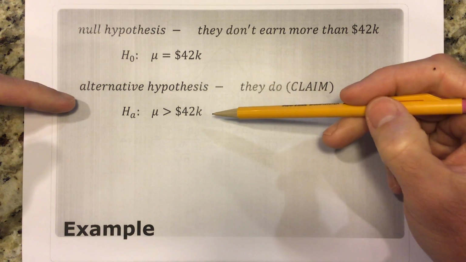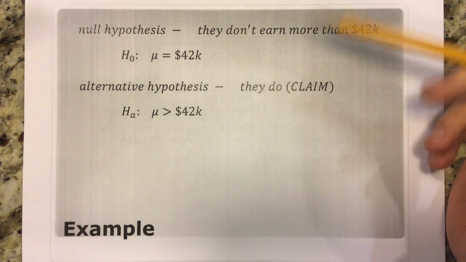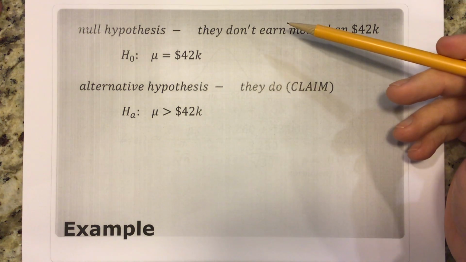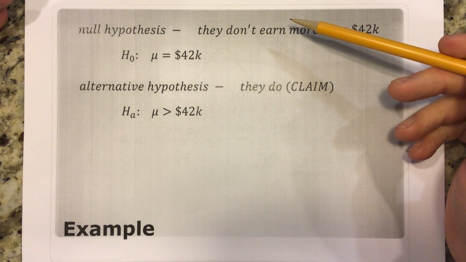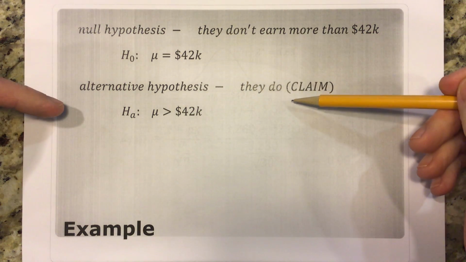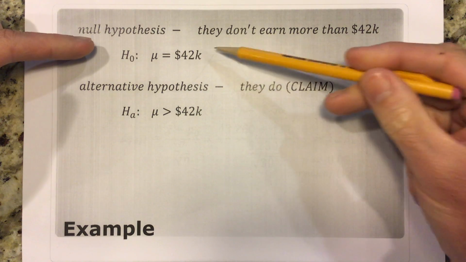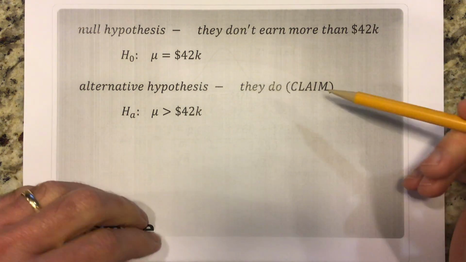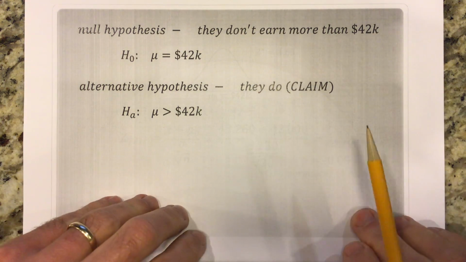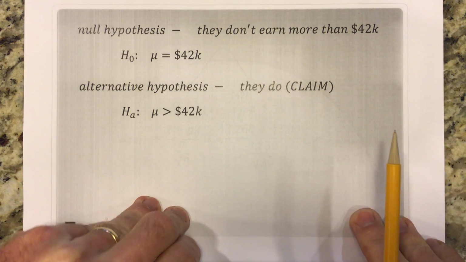Sometimes the claim will be the alternative. Just think about it. It's an argument. One person is going to make a claim in one direction and the other person is going to make a claim for the other. Okay, so even though the problem only said, here's the claim, right? There's somebody else who had this idea as well. So don't worry about which one the claim is, right? Just think there's a null and there's an alternative.